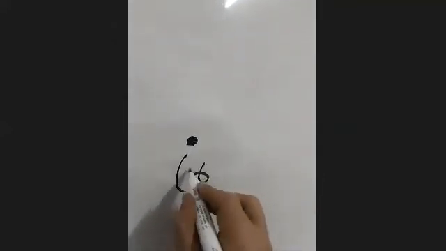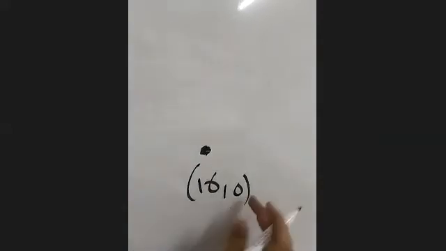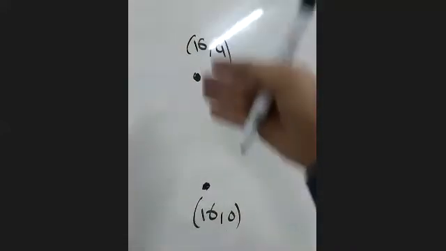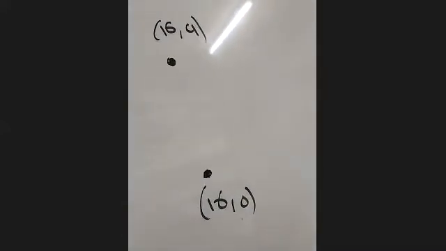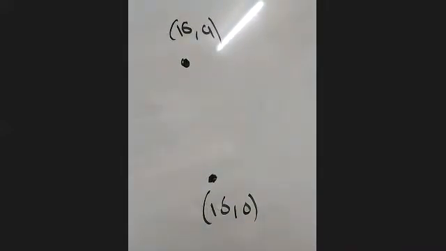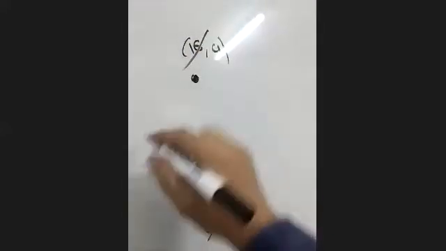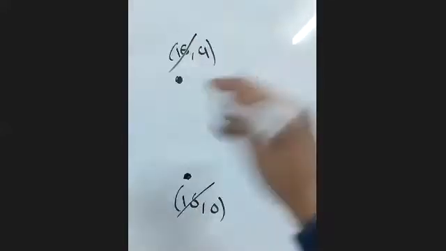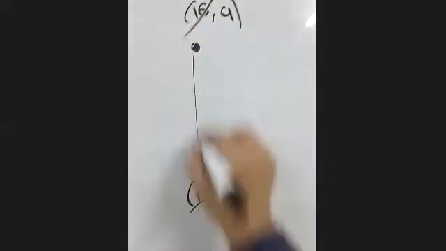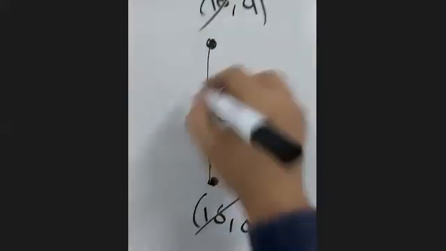Here 16, 0, right? And here what we have? 16 with 9. From the two points, what are the equal numbers here? What are the equal numbers? 16, the same, so forget the 16. Now what are the different numbers? 9 and 0, it will be 9. This length, 9 minus 0 is what? 9. Put a circle on it. Put 9. It's easy. Focus with me. This is 9.